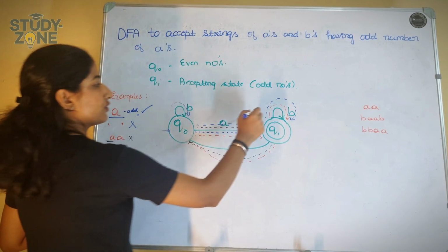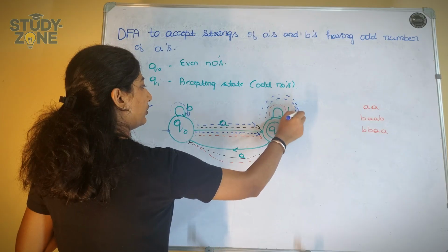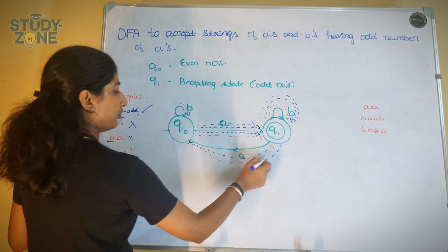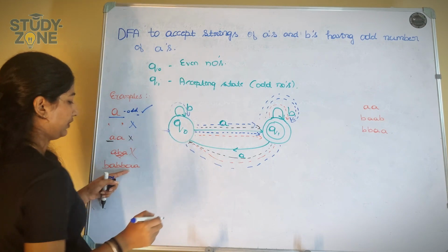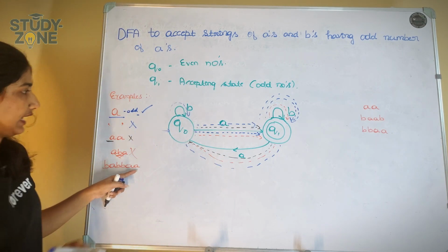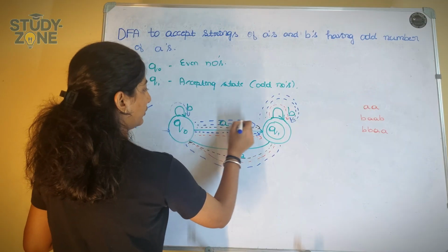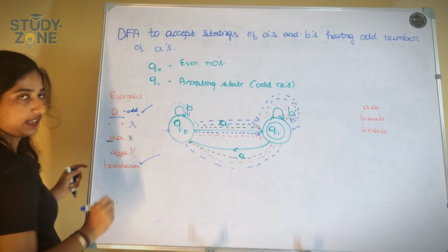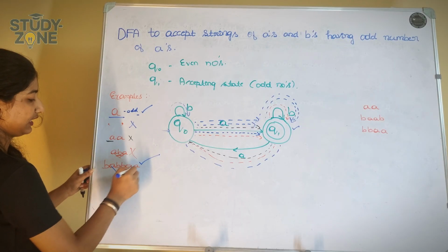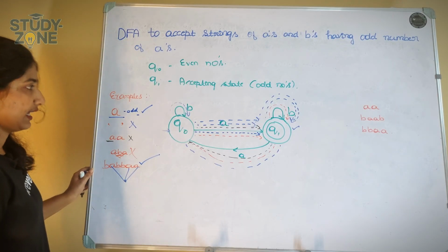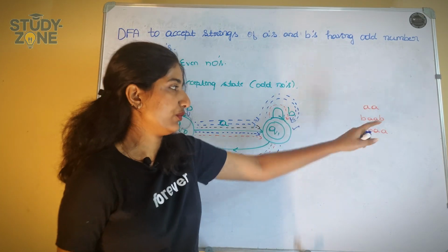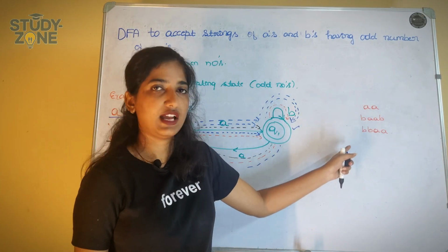Again B, so it will remain in this state only. Now on A, it moves to Q0. And again we have A, it moves to Q1. So this is the accepting state. So this string gets accepted because it has 3 A's. Okay, and there are still 3 more examples. You have to check these and let me know the answers.